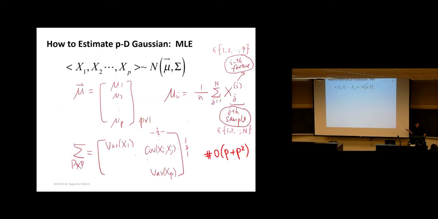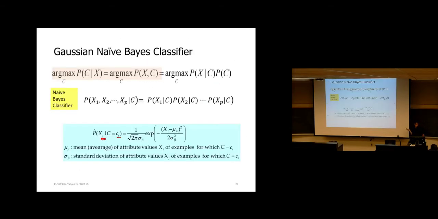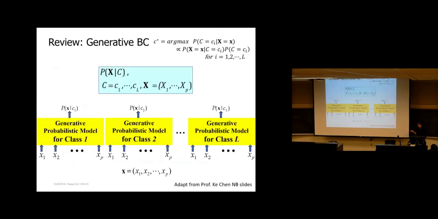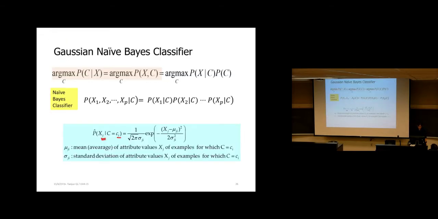Okay, so remember that. Then when we use it in the Bayes classification, for each class label we need to have 2p parameters. So in total, how many parameters do we need to estimate? It's the number of labels times 2p for each class, then plus the prior for each class.